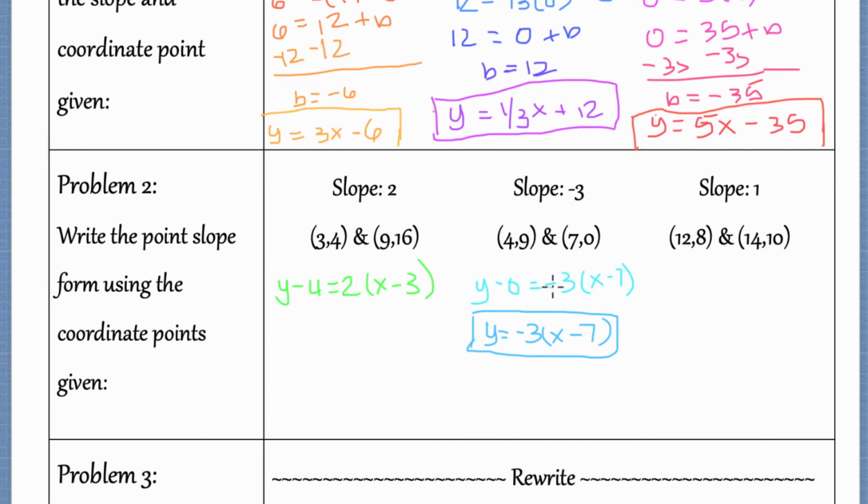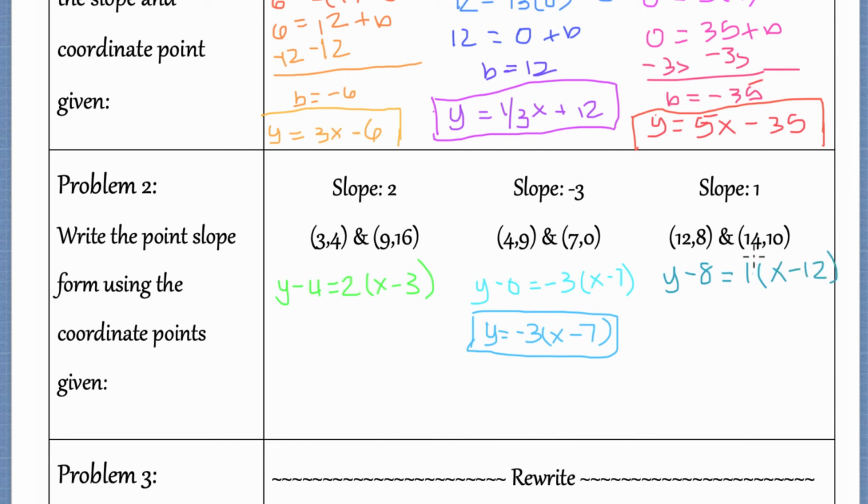For our last one, we can use 12, 8 as our coordinate point. So we'll write y minus y1, which is 8, is equal to m, which is 1, times x minus x1, which is 12.